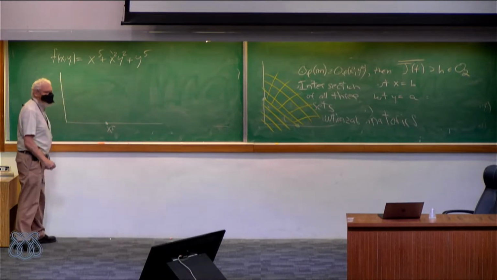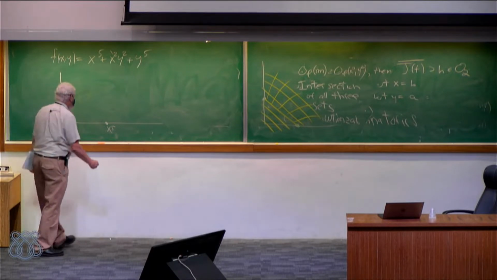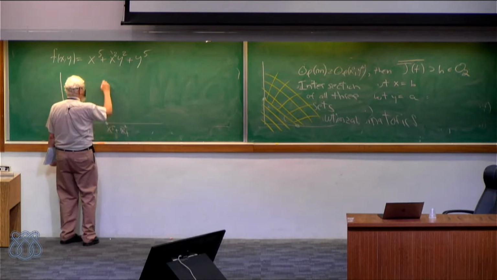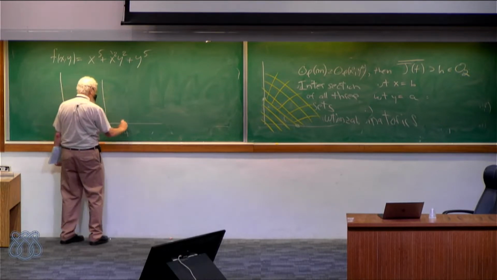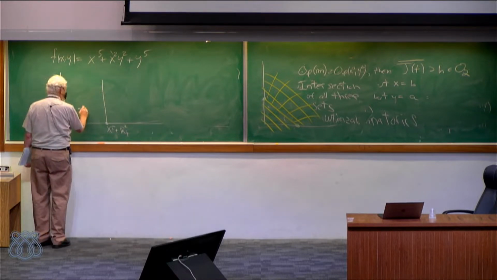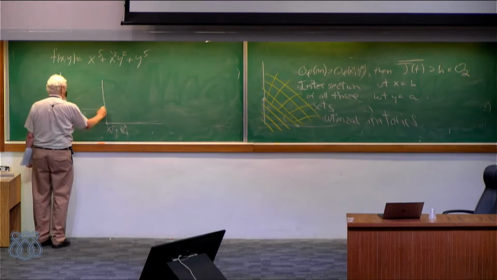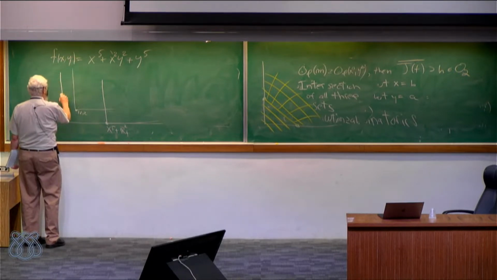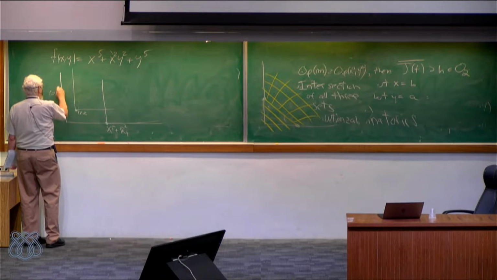I also want to sketch in all the points I get when I add on tuples of positive numbers. So I have this one here, and I have this is 2, 2. And then I have 0, 5.